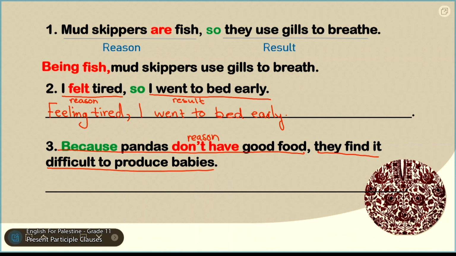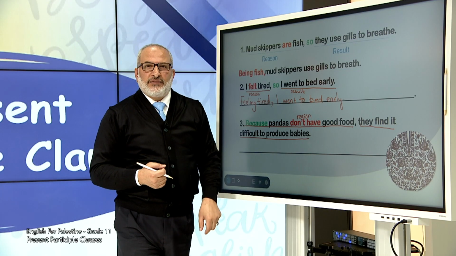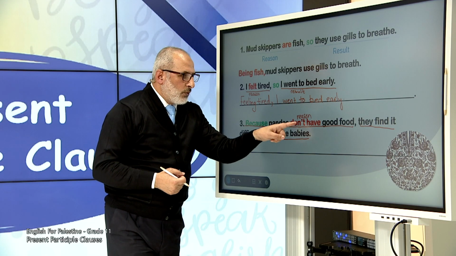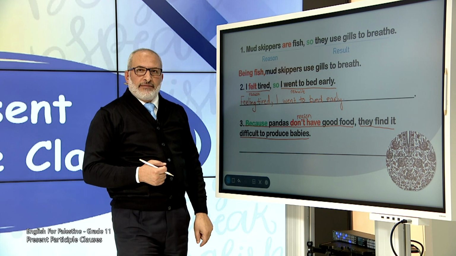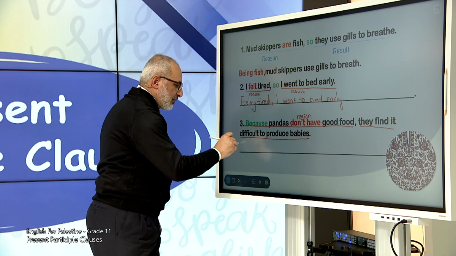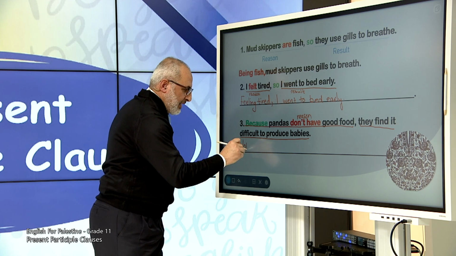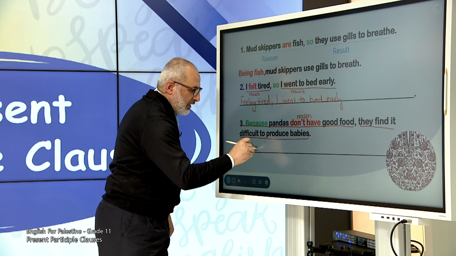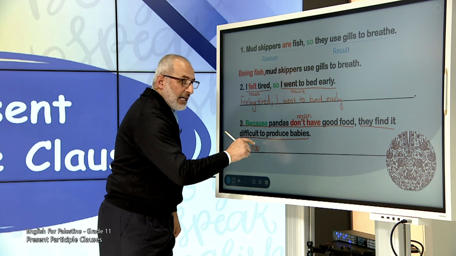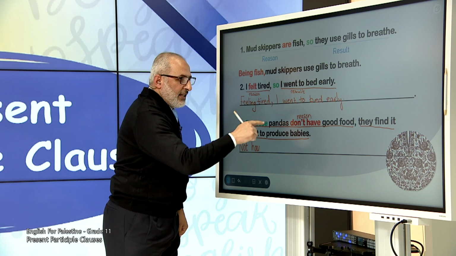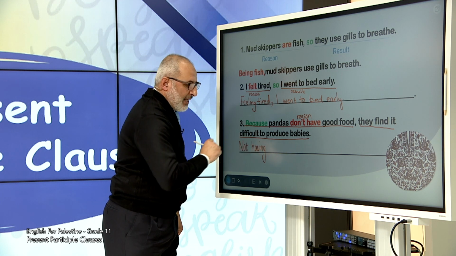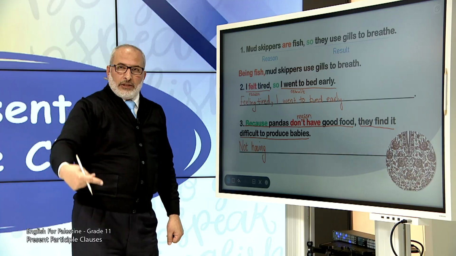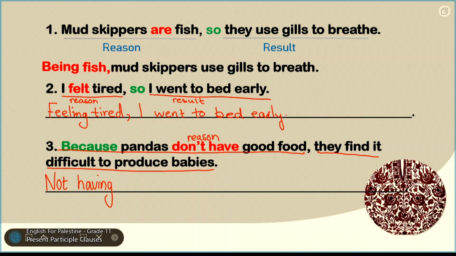Let's do it together. Where is the verb? The verb is don't have, negative verb. So what is the infinitive form of don't have? Good. So not have is the infinitive form of the verb, and we add ing to make it present participle.